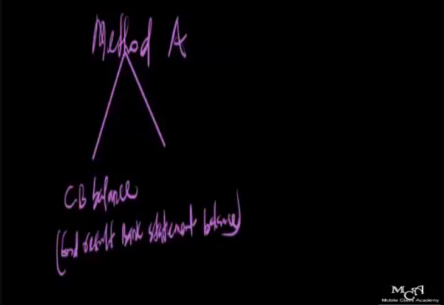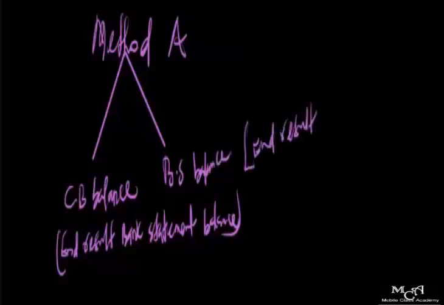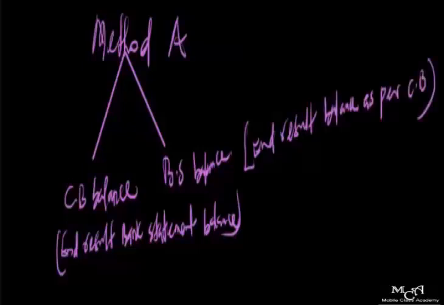Or we start with our bank statement balance, and the end result here will be to get our balance as per cash book, CB. There are two ways to go about method A, but using either of them, we still arrive at the same answer.